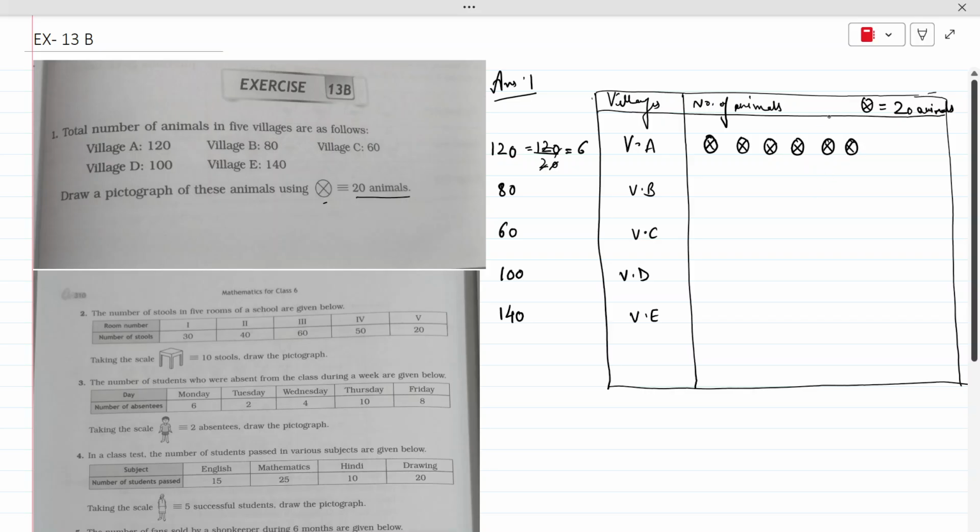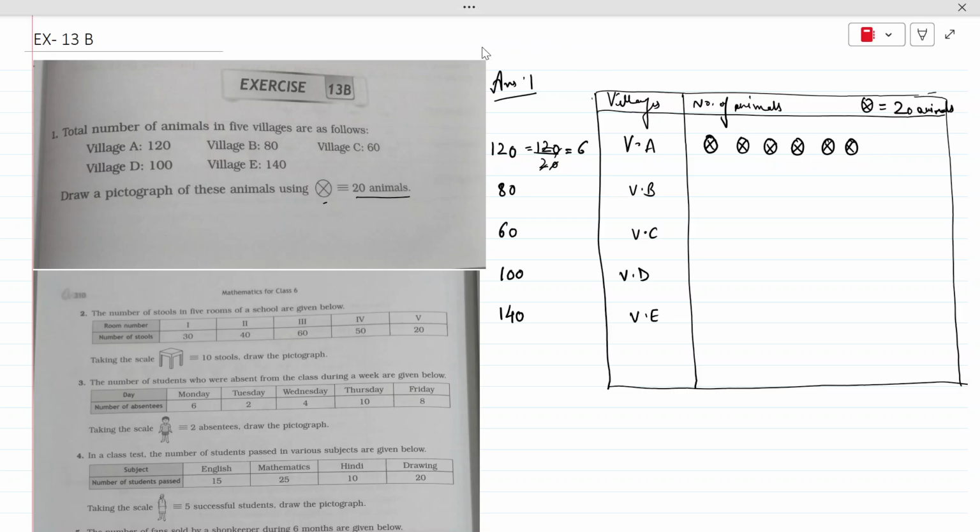And if you want to recheck it, you can do it this way: 6 multiplied by 20 will give us 120, which was our original number. So this is how you can cross check it. I'm just erasing it for now.